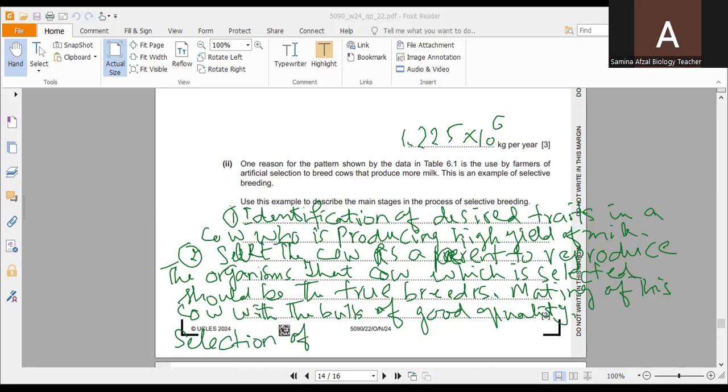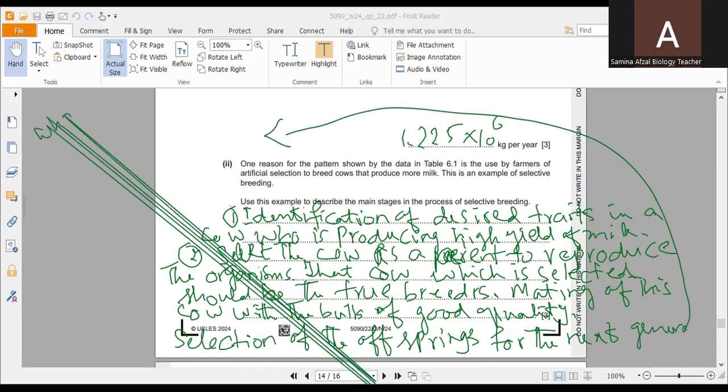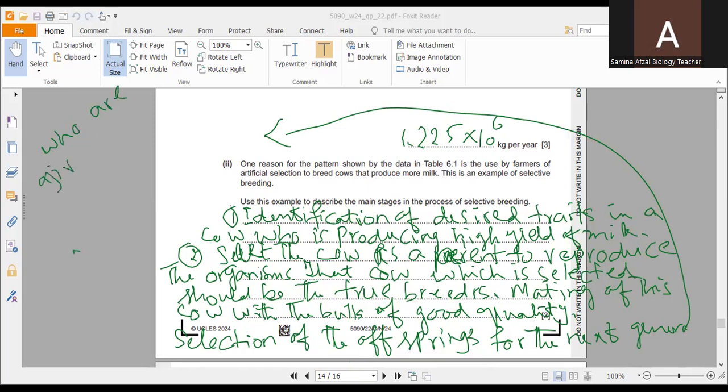Then at selection of the offspring for the next generation, that is, those who are giving more production of milk than their parents.